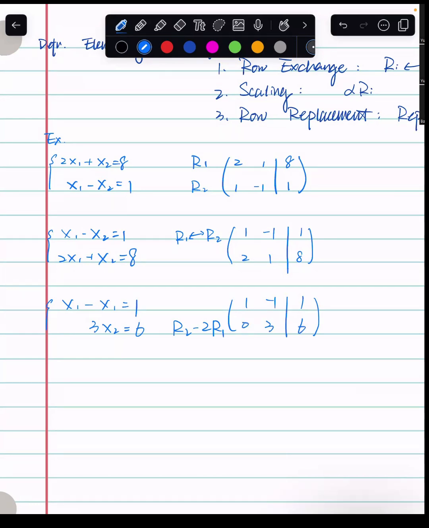And now we divide the second row by 3, we'll get x2.